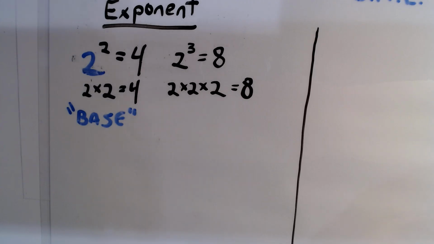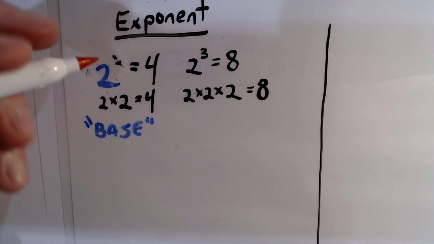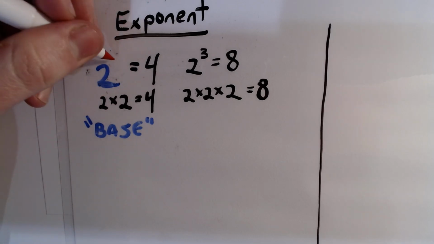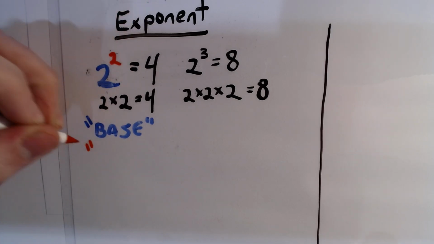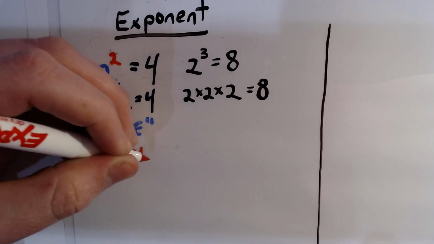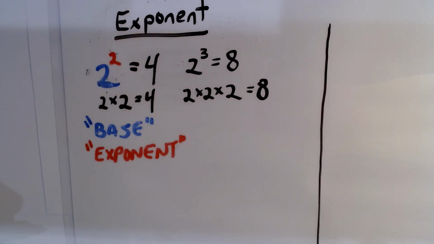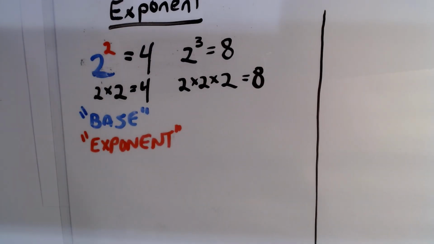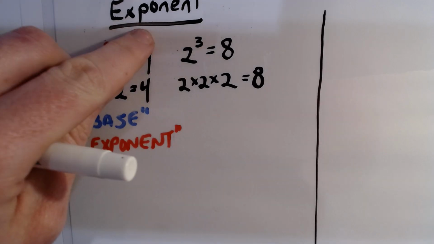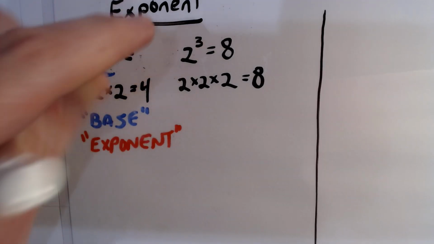Then you have the tiny number on top there. That we're going to call our exponent. And then, of course, anything on the other side of the equal sign, for our purposes, is your answer, the result of the operation.